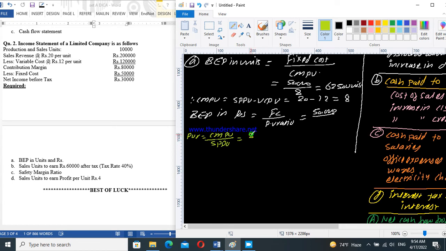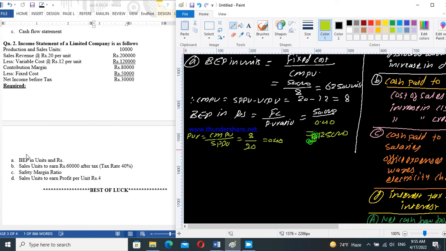CMPU is 8 divided by 20, is equal to 0.40. Write down over here, and the total amount is 1,25,000. Okay, 1,25,000 is required to write in RS.